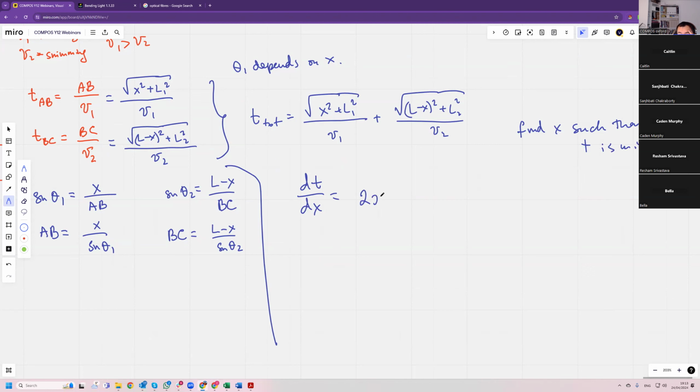It's going to be 2x multiplied by a half, times x squared plus L1 squared to the power minus a half, and multiplied by 1 over v1. I believe so. Have I messed anything up? No, I don't think so.